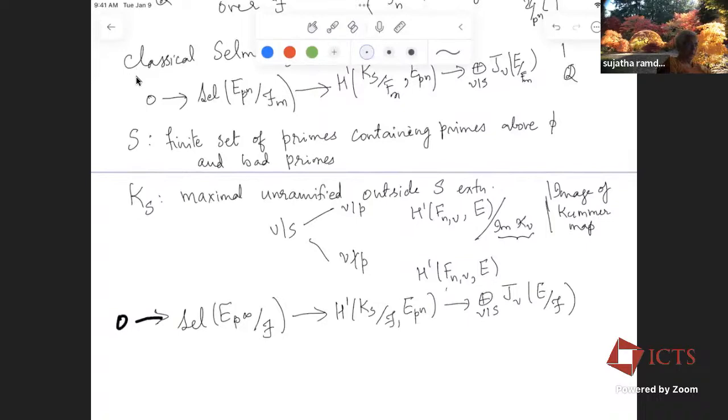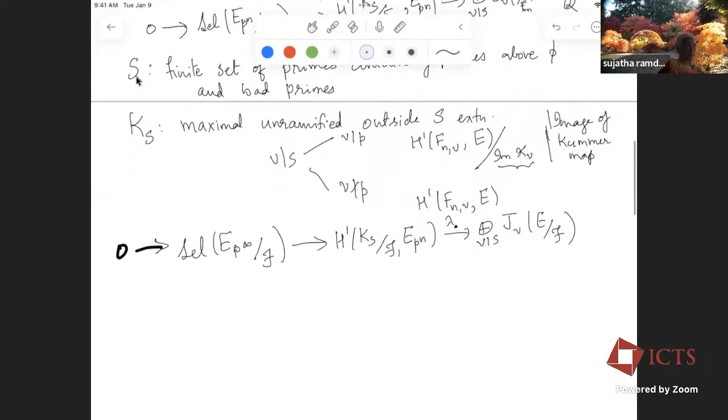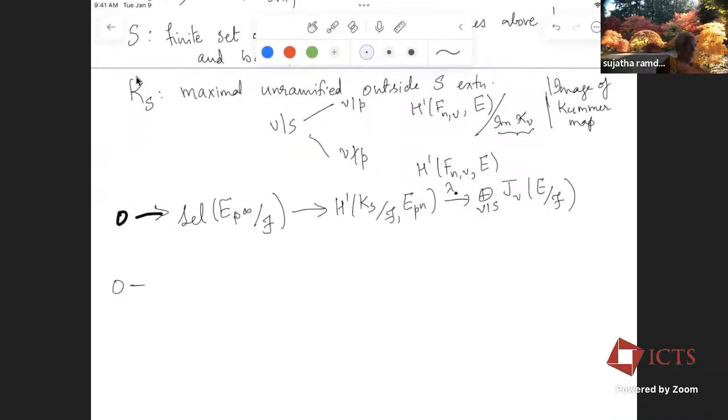So let me call this map lambda, and put a dot here because I'm going to consider the lambda cyclotomic and also the lambda anticyclotomic. And then you have the fine Selmer group. Let me call that fine Selmer F cell. Again, you define it over the local finite layers, Fn. So here it should be p infinity: H1 Ks over F, E[p infinity].